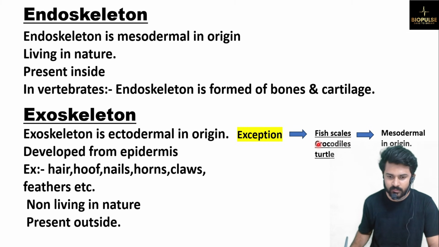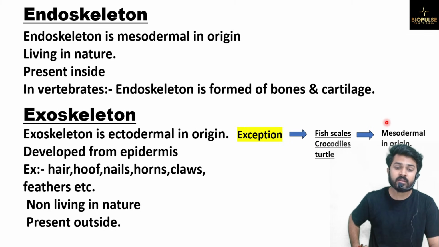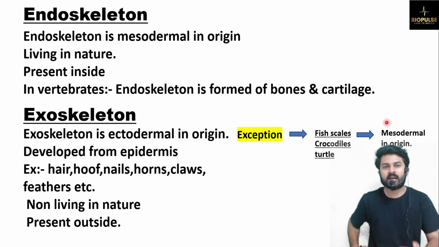Fish scales, crocodiles and turtles will have mesodermal origin. The origin of these fish scales and crocodile and turtle, whatever is present on their exoskeleton, will be mesodermal in origin. Now these exoskeletons are developed from epidermis.